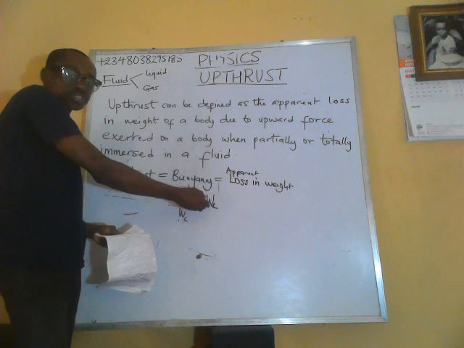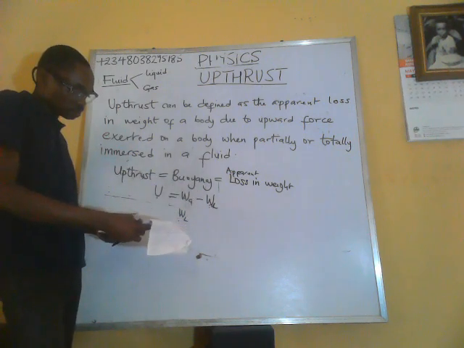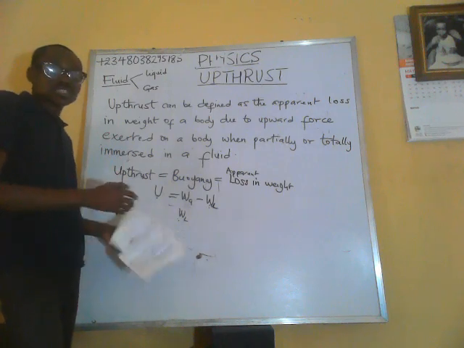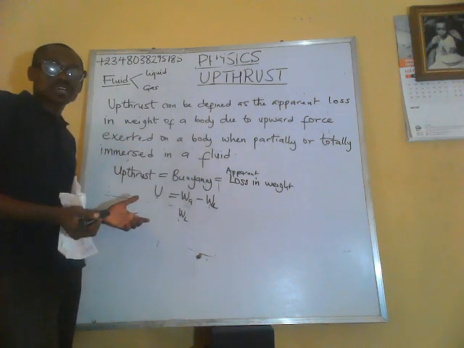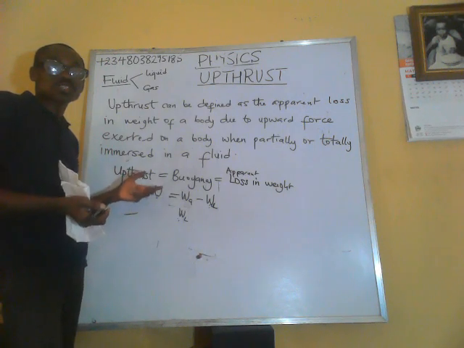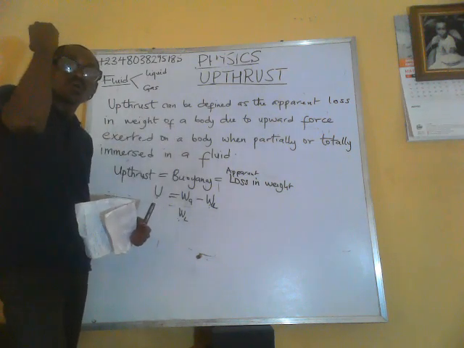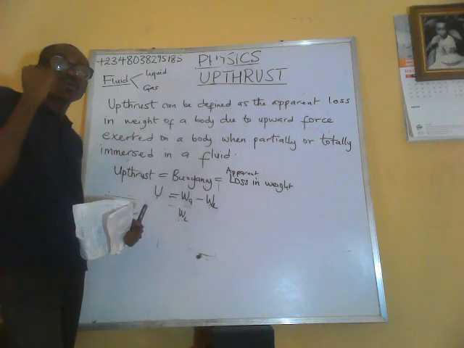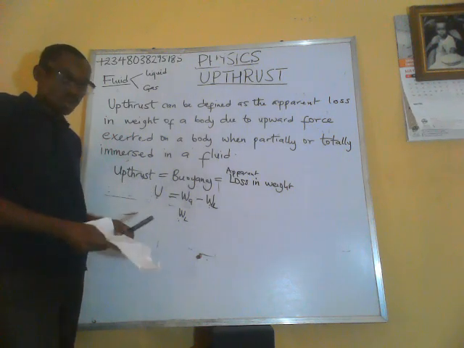The apparent weight, you can also call the weight in the liquid, the weight in the fluid. Upthrust is a force, so it is measured in Newton, and like force is a vector quantity, upthrust is also a vector quantity. It has direction: upthrust acts upward.